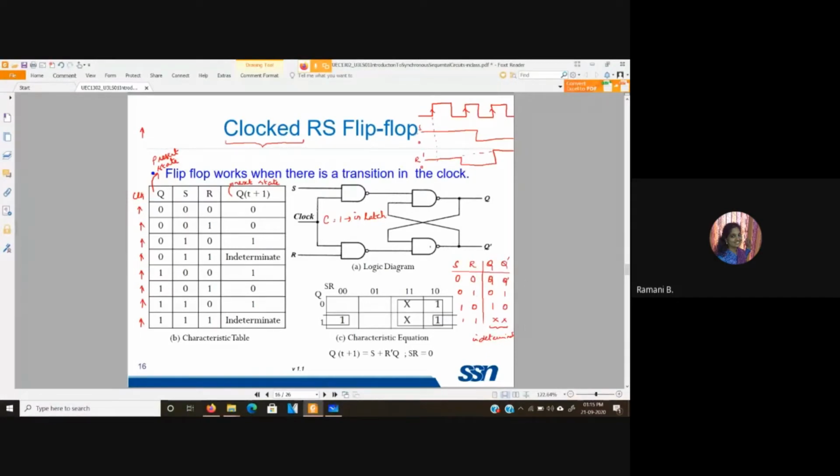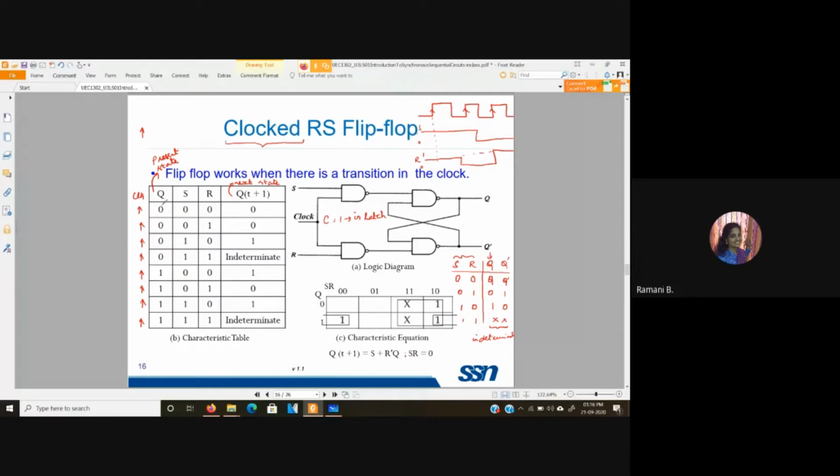So here this Q implies, if this is my value and these are the S and R values, what will be the output Q after one time cycle? In this clock, you have this value. In the next clock, what will be the output? That is what we are seeing.